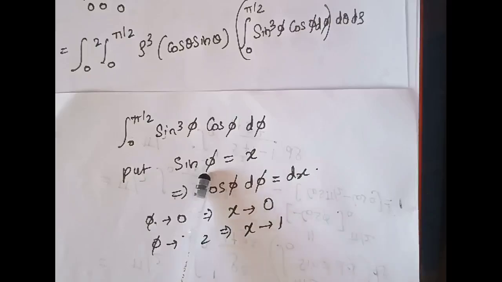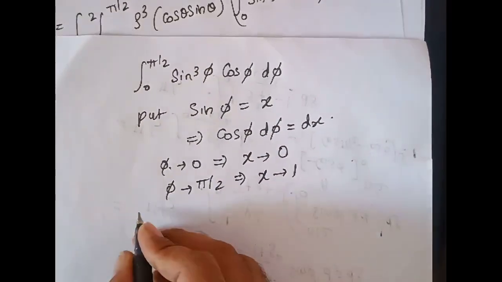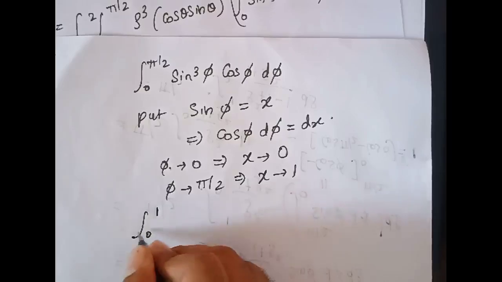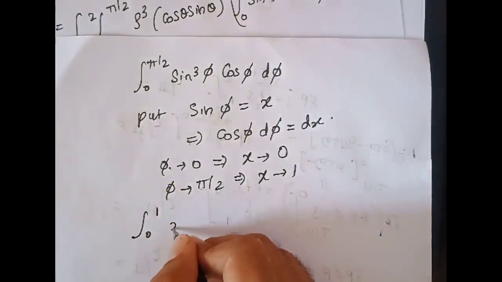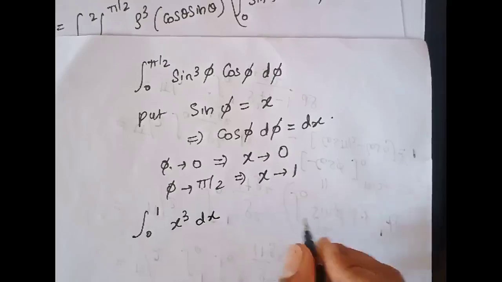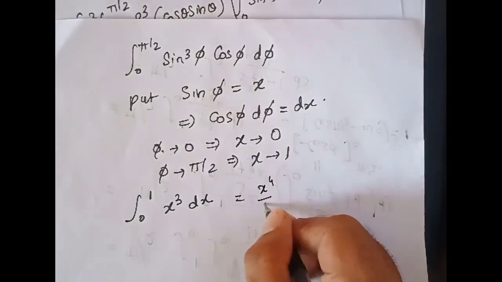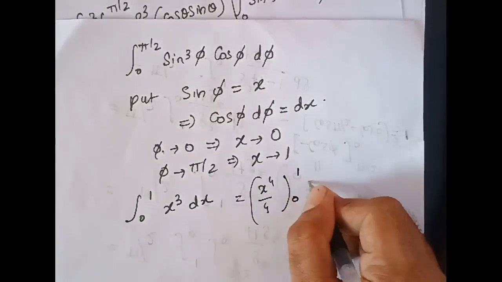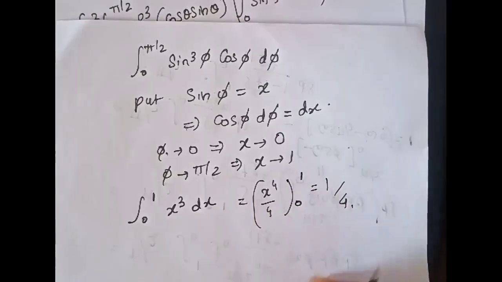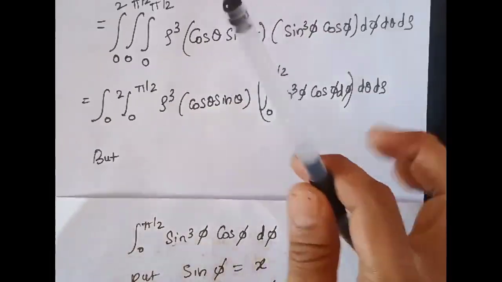So this reduces to the integral from 0 to 1 of x cube dx, which is x raised to 4 by 4 from 0 to 1, or simply 1 by 4. I'll take this 1 by 4 out.